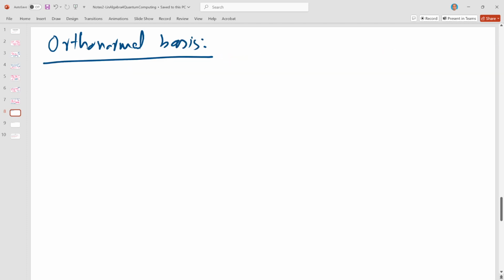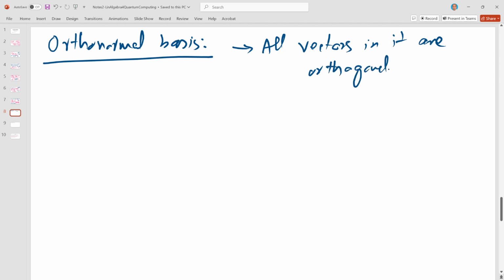So this is a basis in which all vectors are orthogonal and all vectors have norm 1.